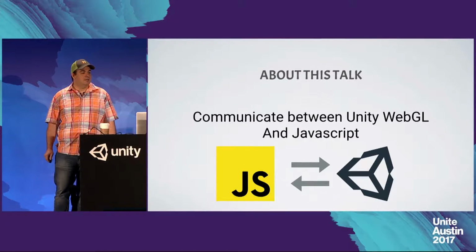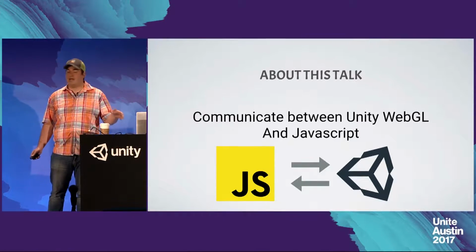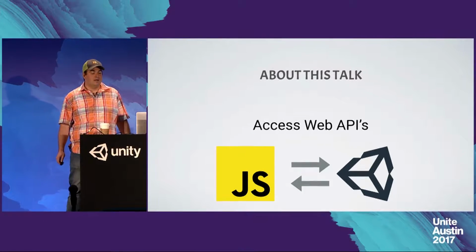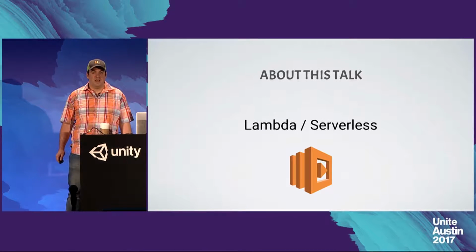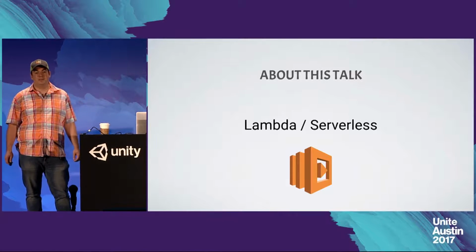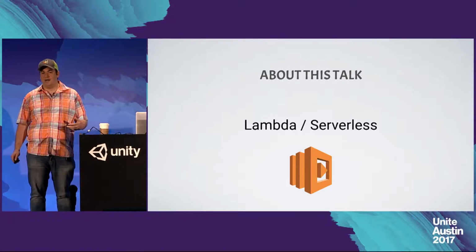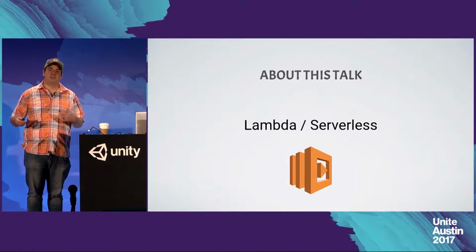And then we're going to talk about how to communicate between the WebGL frame and JavaScript, both ways actually. We'll talk a little bit about how to access web APIs, and a little bit about Lambda and serverless functions. So that is how you create a backend for your site without actually having to deploy an entire Node.js or Apache server.